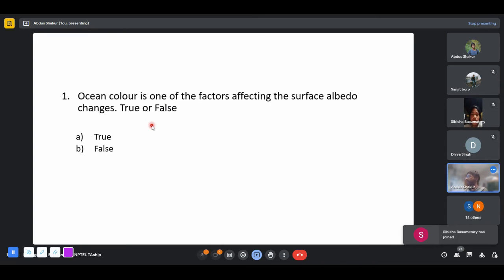So is the ocean color responsible for affecting the surface albedo change? That's true, because the color of the ocean is primarily responsible for this albedo effect. If the color changes, so does the albedo effect, or the amount of sunlight that is reflected off the surface.